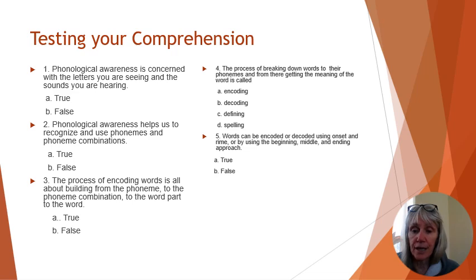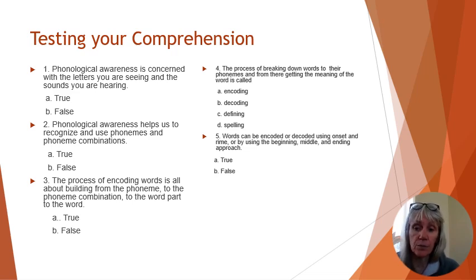If you said A, true, you are absolutely right. When we are encoding or decoding, we first of all need to break the word down into its syllables. Now, some words only have one syllable, so we don't have to break them down. When we're dealing with one-syllable words, we can do either of 2 processes.